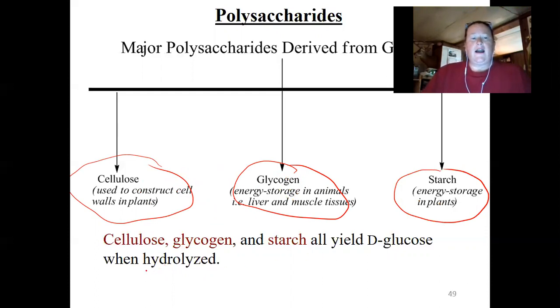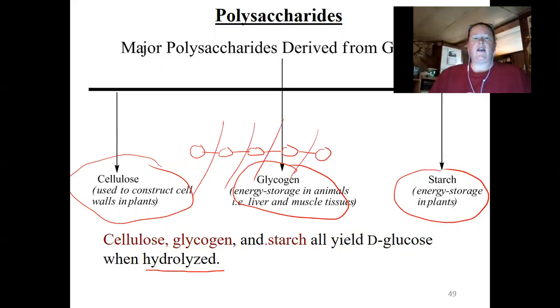So when those units are broken down, hydrolyzed, they all will yield that right-handed glucose. The difference between the starch and the glycogen and the cellulose, and even there are two different types of starch, is how they are linked together.